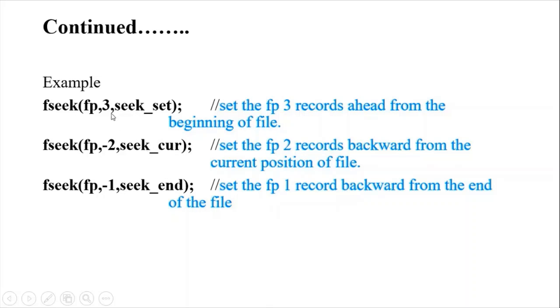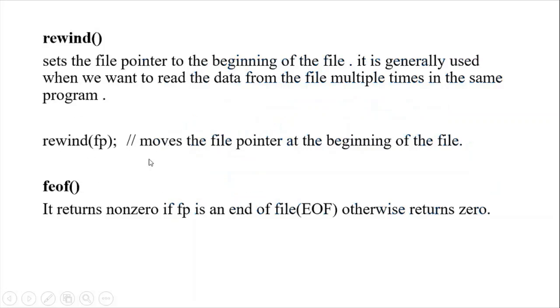If the offset value is positive, it will be a forward jump. If it is negative, it will be a backward movement. This fp indicates the file pointer, which will be pointing to one particular file. So that is about the fseek function. It's a cursor moving function.